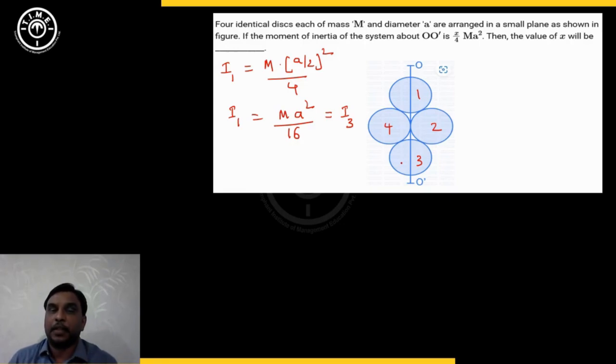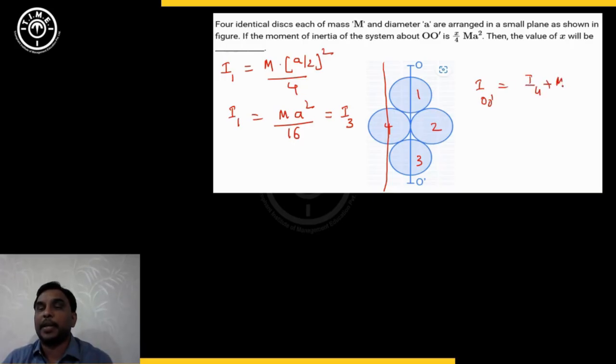Now calculate the moment of inertia of the second and fourth discs. I can draw one more parallel line like this, exactly parallel, passing through the center. Then I_OO prime is equal to I_G plus mx square. Now I_G is again about the diameter, which we calculated as ma square by 16, plus m into the distance, which is again the radius a by 2, so a square by 4, because x is a by 2.